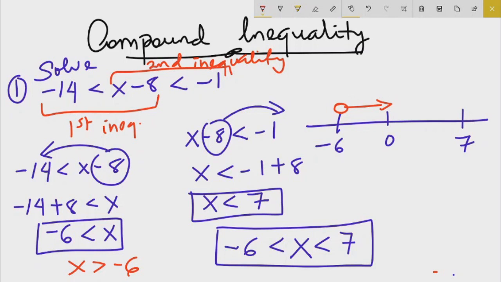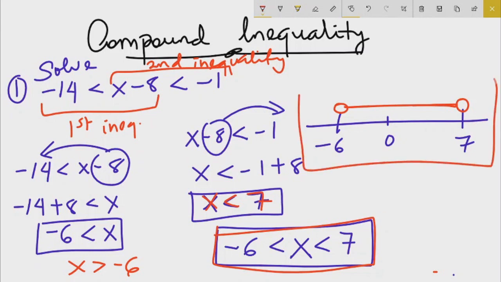And then to plot the second one, x less than 7, we want to be on 7, which is also an open circle, going to the left. As you can see, they join together. So I'm just going to remove the arrows and join the lines together. And that's it. This is our solution, shown on the number line.